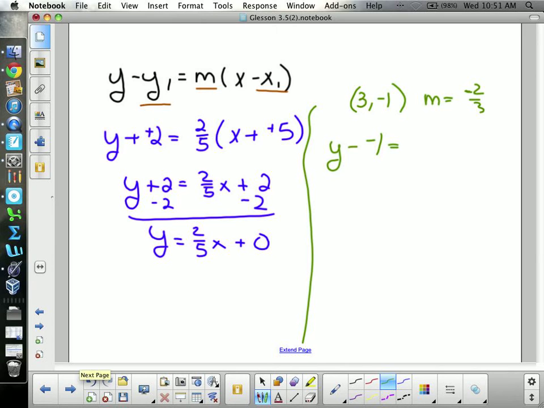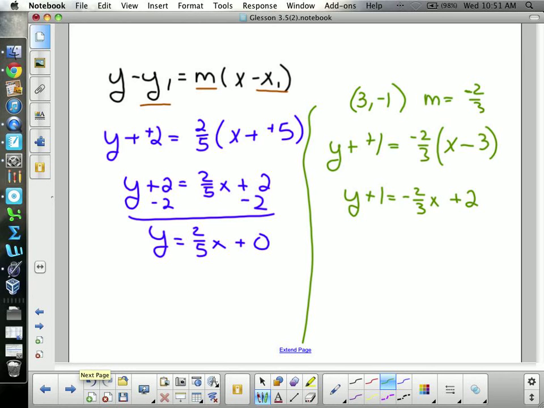Equals m. What is m? -2/3. Then we put our parentheses in, x minus the x coordinate of my point, which is 3. Change that to plus positive. What's the first step now to solve this? Distribute, right? So y plus 1 equals -2/3 x, -2/3 times -3 is plus 2.